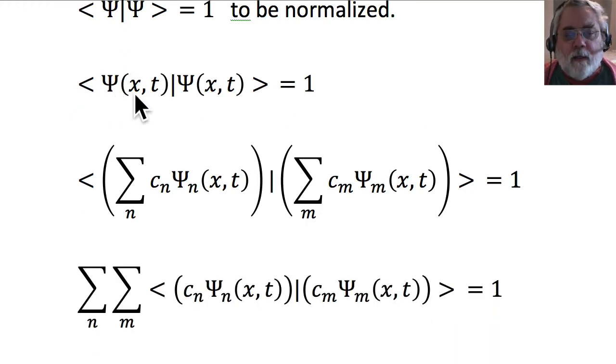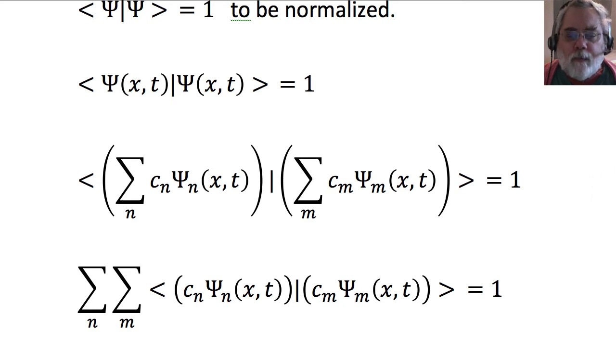So that's psi of x and t, inner product with itself equals 1. And we can substitute for each one of those the series, the infinite series generally. So we can substitute for that in the bra and we can substitute for that in the ket. And when we do that, we need to use a different index in the bra and then the ket. So we'll use n in the bra and m in the ket.